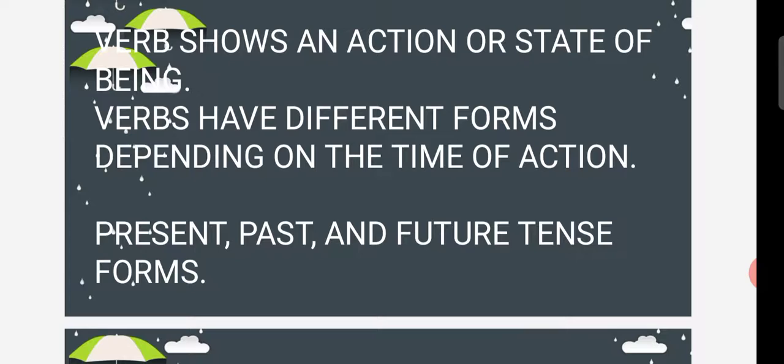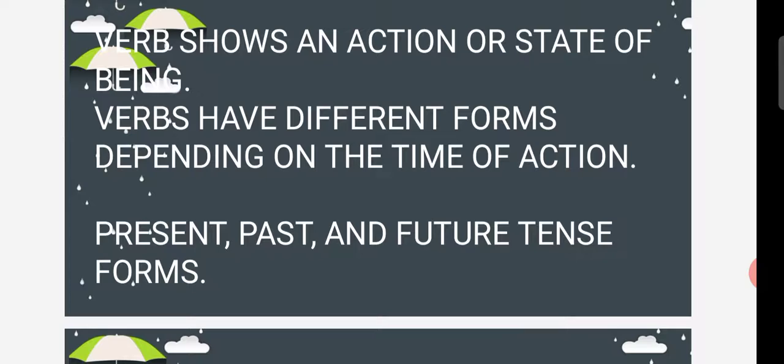Just the state of being is also called a verb. Verbs have different forms, depending on the time of action. So we usually use three different times, like present, past and future. So depending on the time, we change the verbs.